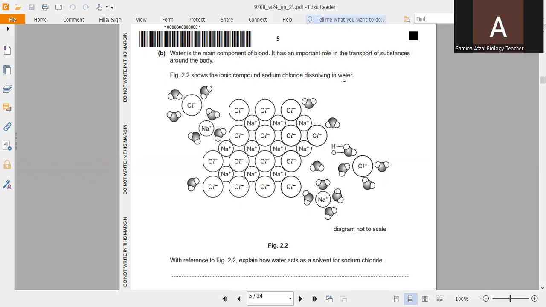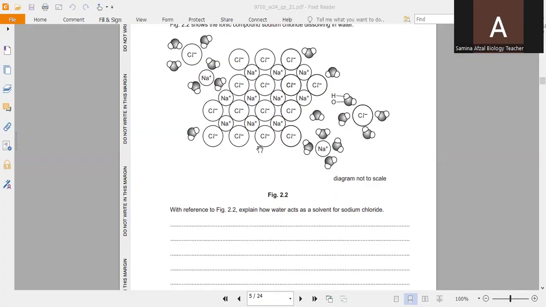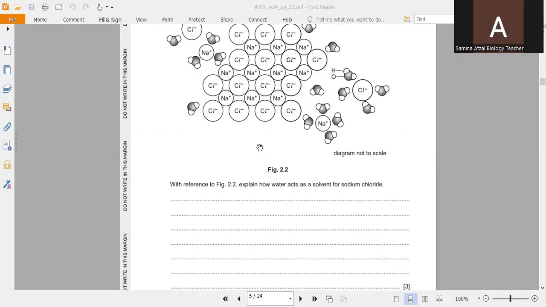And here you can see a diagram in which they have shown us the water molecules, and the sodium ions and chloride ions.